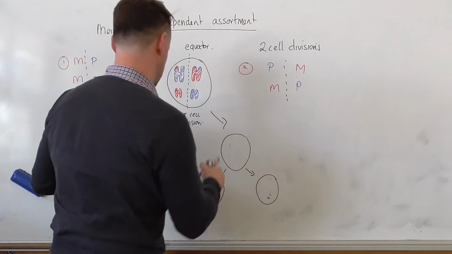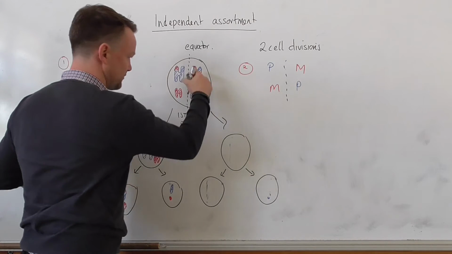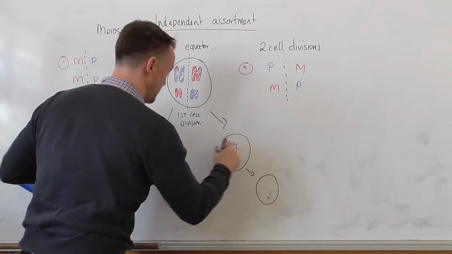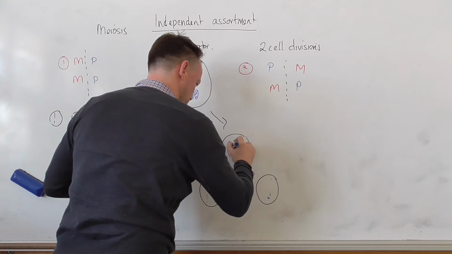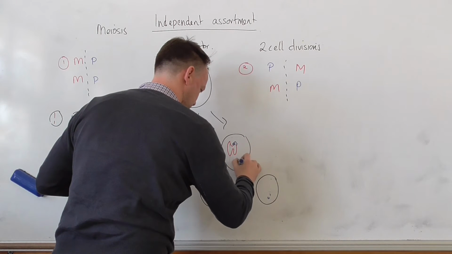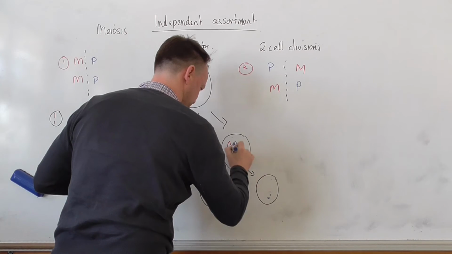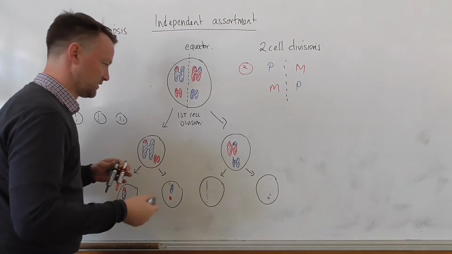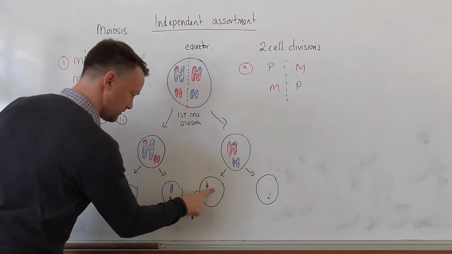So hopefully you can see that. Then this one goes on this side. So the chromosomes are now becoming deformed. This would be a problem as a human being.